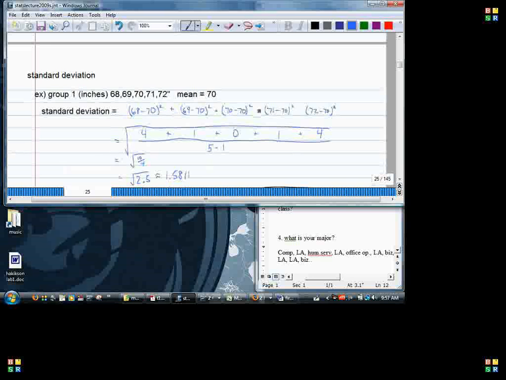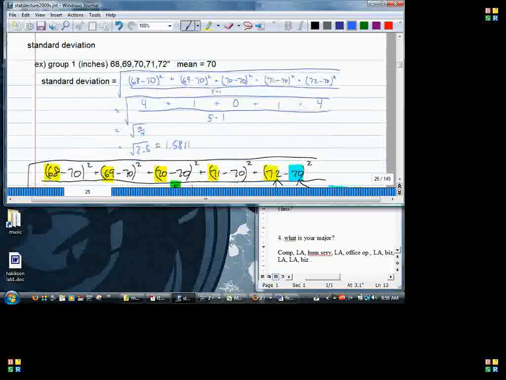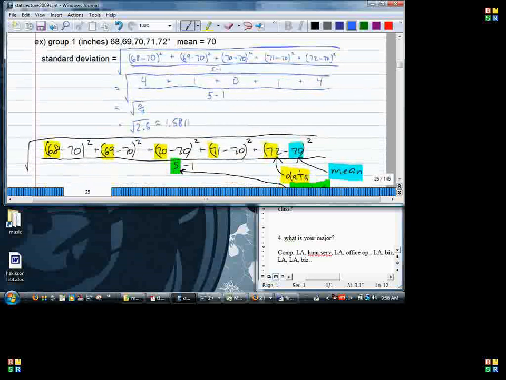So let me go back and fill in the details on the original step. 70 is the mean, like I've indicated there.